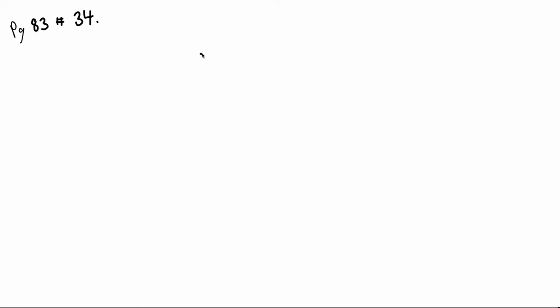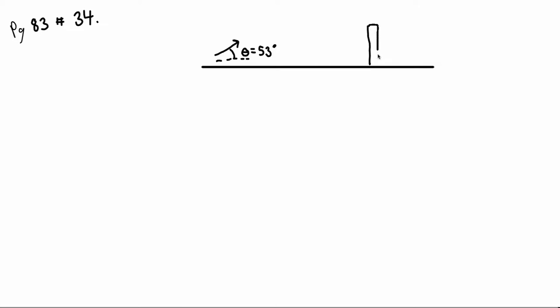The picture is there is a man kicking a ball, and it has an initial velocity in this direction, and that theta is equal to 53 degrees. And it comes over here, and it is going to go onto a playground on a roof.